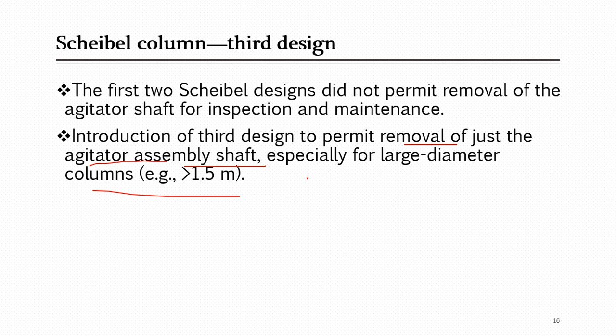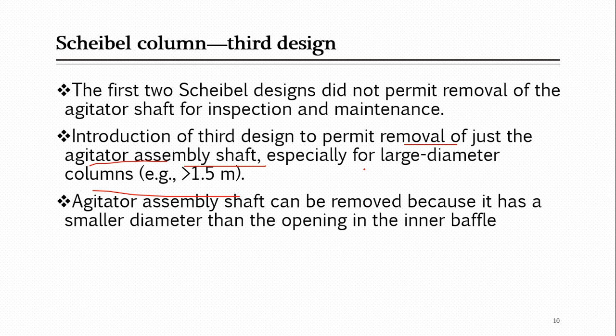For this improvement in design, one figure is provided in your textbook. Kindly check that. He has mentioned that the overall assembly was improved in such a way that the shaft can be pulled from this system, and that didn't impact all other things like packing as well as rotors. So that was one improvement in its design, and that was called the third design of this Scheibel column.